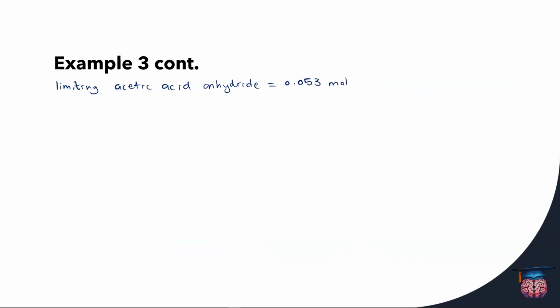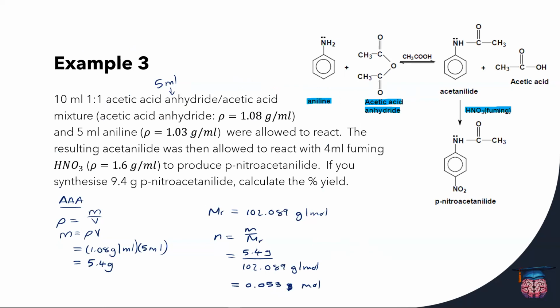From this, we go and calculate the mole of the product. So going back to the reaction equation, we see that 1 mole reacts with 1 mole to give 1 mole of acetanilide, and then 1 mole of the acetanilide reacts with 1 mole of the fuming nitric acid to give us 1 mole of p-nitroacetanilide.